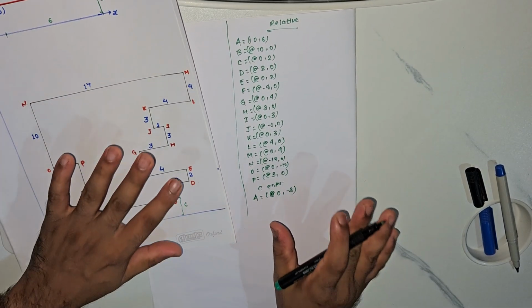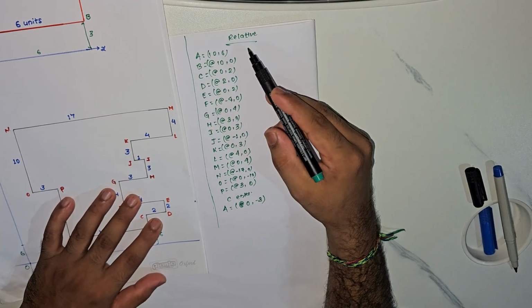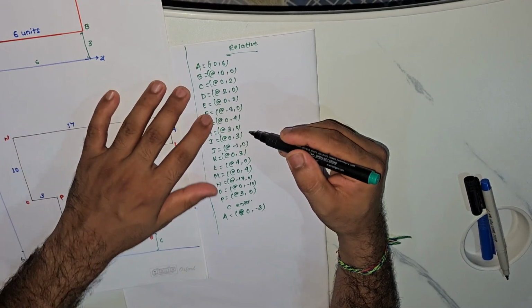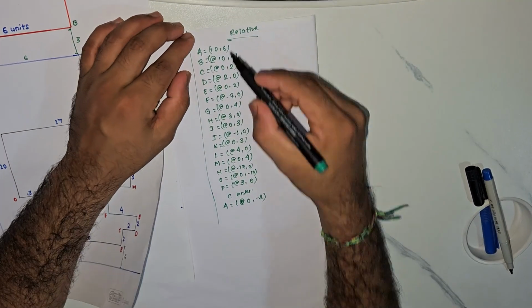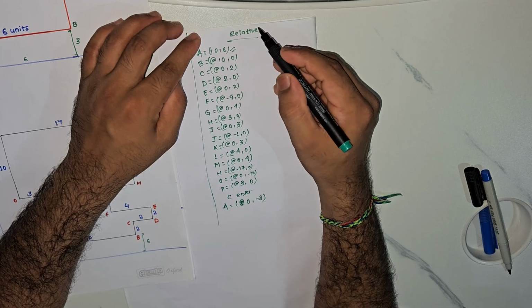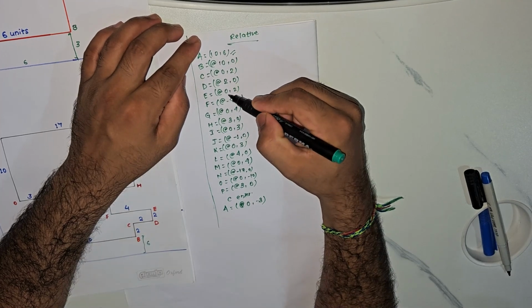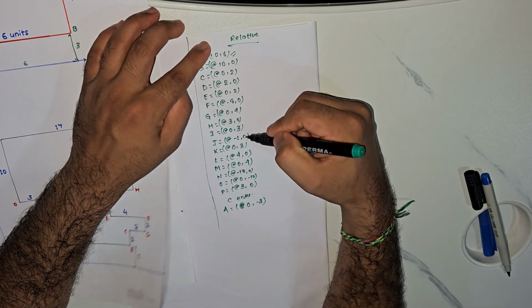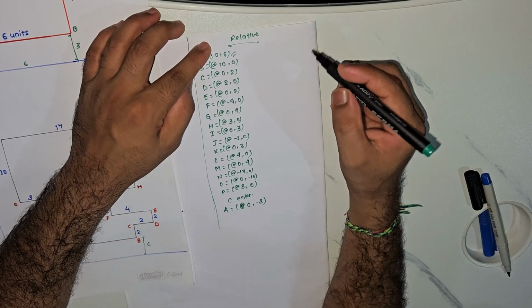So the figure will be closed now. Now to see if the relative coordinates you have written for this figure are right or not, just ignore the first value and add all the x coordinates and add all the y coordinates. The final answer should be 0.